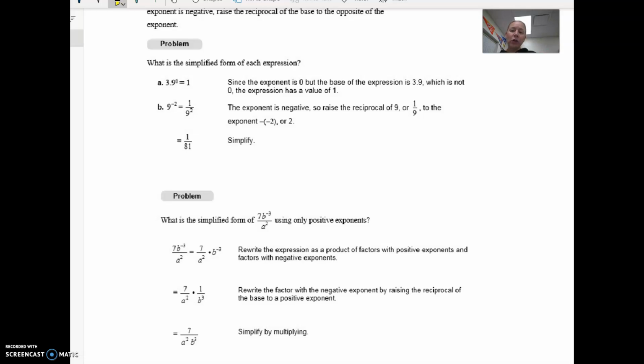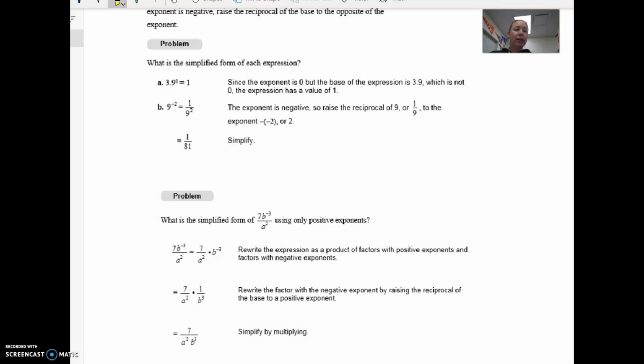The next part here, though, is when you have a negative exponent. So here you can see 9 to the negative 2. We would flip it, so take the reciprocal, and we would then write it as 1 over 9 squared. Now, generally, when we're working with exponents like this, if your exponent is less than 5, I want you to go ahead and simplify it all the way.